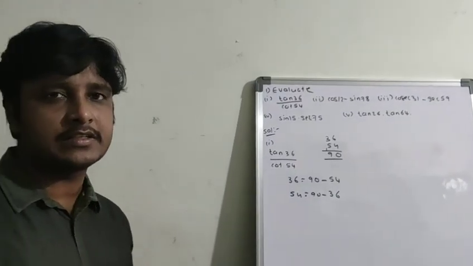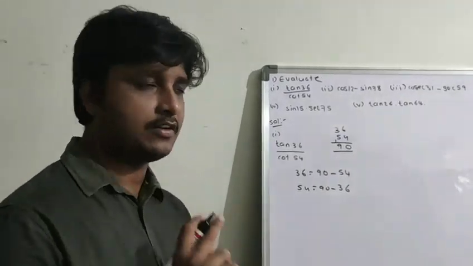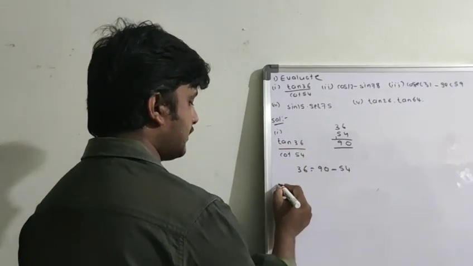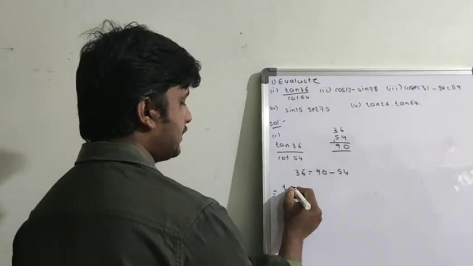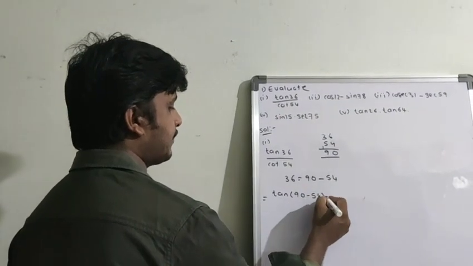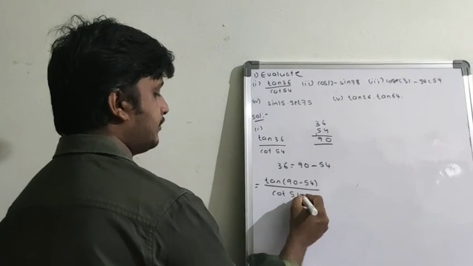Why? Because these two angles are complementary angles to each other. But don't change both, change any one. So I'm changing the 36 value. In place of 36, I'm going to write 90 minus 54, divided by cot 54, which I'm not changing.